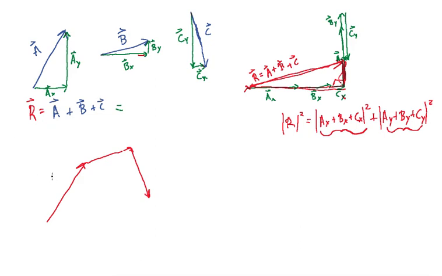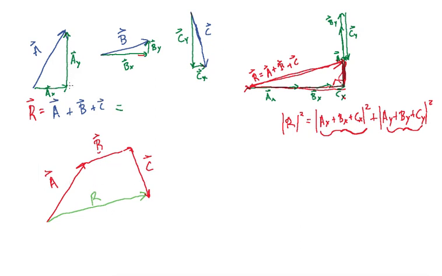So this is vector A, vector B, and your resultant would be right there. This would be that resultant. It's definitely not some right triangle. That's a crazy shape.